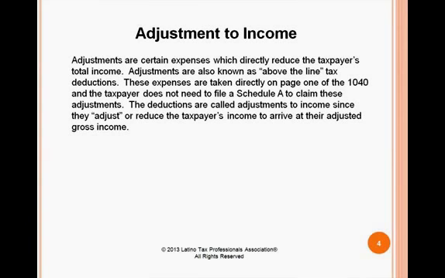Adjustments to income are certain expenses which directly reduce the taxpayer's total income. Therefore, they are also known as above-the-line tax deductions, before you get to standard or itemized deductions such as Schedule A. You may be able to claim some of these deductions even without filing a Schedule A. They are called adjustments to income since they adjust or reduce the taxpayer's income to arrive at their adjusted gross income, or AGI.